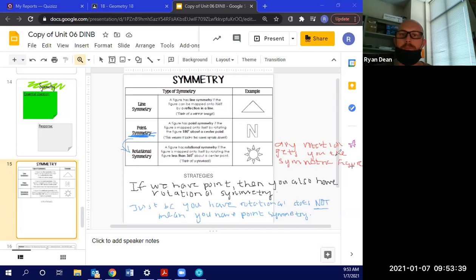And just as another little note, for point symmetry, it's only a 180-degree rotation.